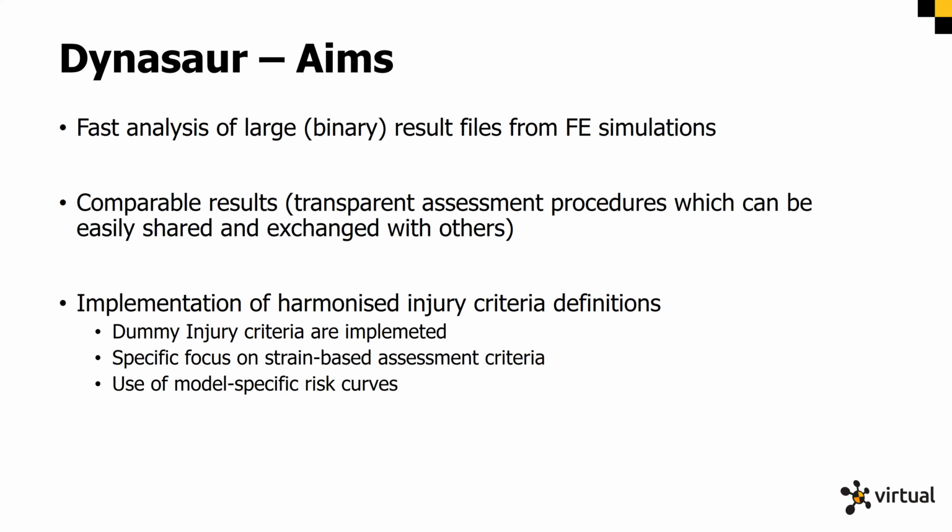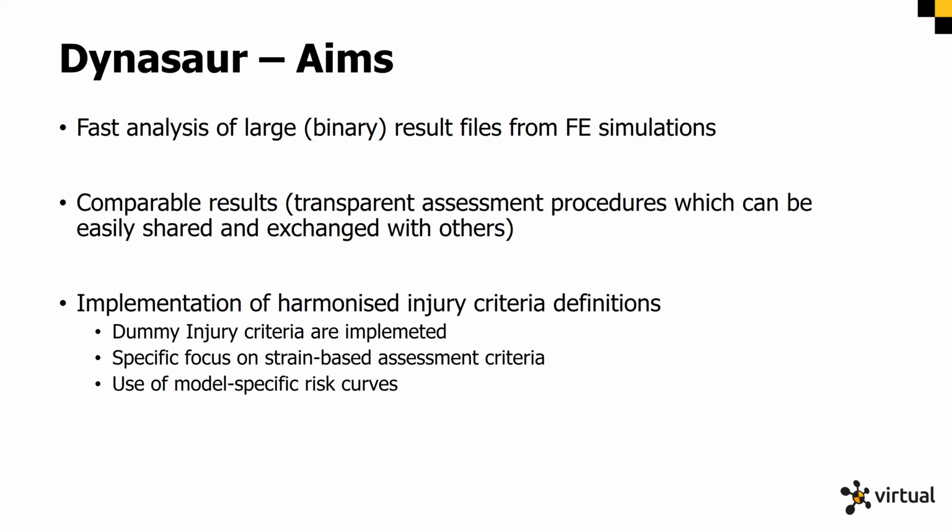We're also aiming for the implementation of harmonized injury criteria definitions. We have implemented some dummy injury criteria like the head injury criteria and so on. But our aim is to go more towards strain-based assessment criteria, and specifically try to harmonize things there, and help researchers to derive risk curves and criteria that can be implemented easily and modified easily with our tools.